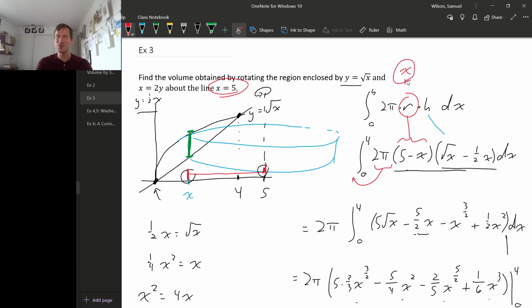But using x for the radius only works if your axis of rotation is the y-axis. But in this case, it wasn't the y-axis, so we couldn't just use x. So really, it is better to keep in mind this geometric version of the idea for cylindrical shells, so that you can handle this kind of situation where your axis of rotation is offset.